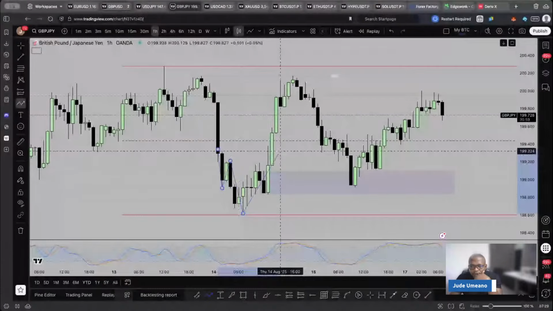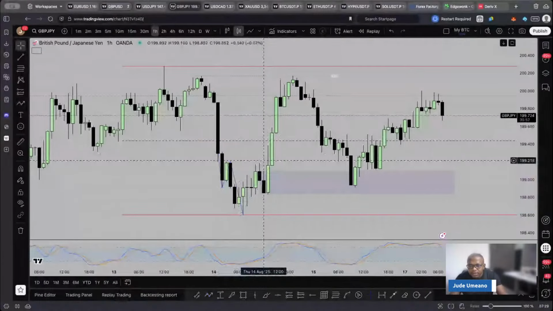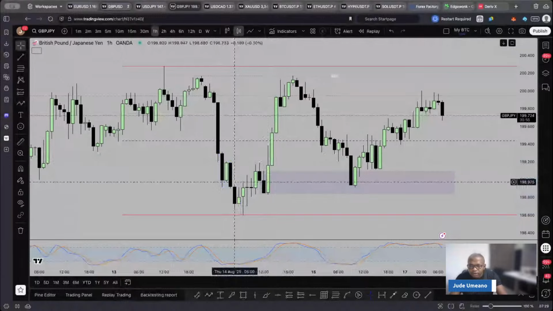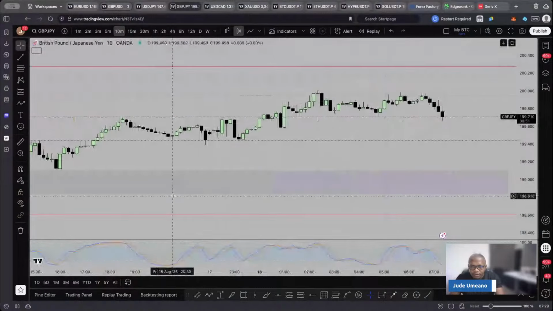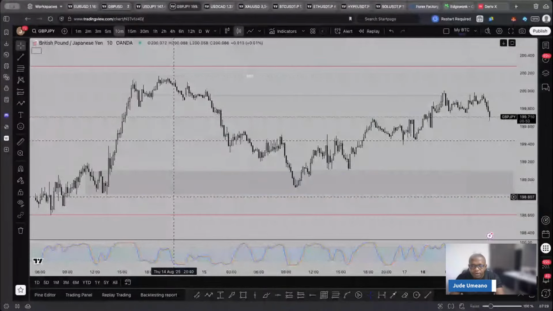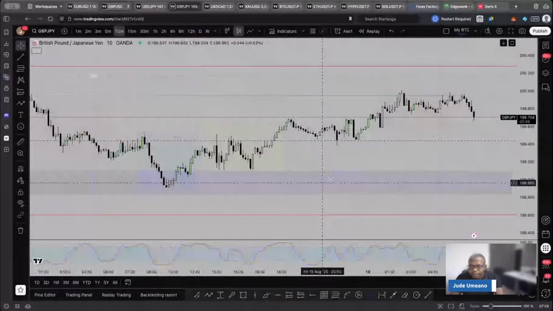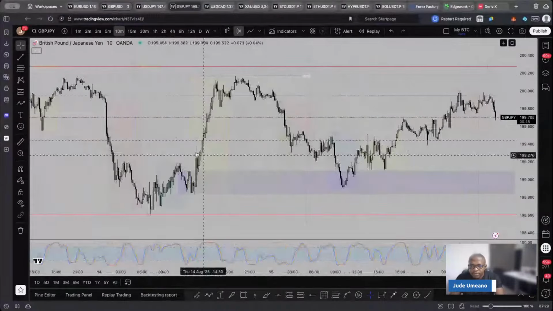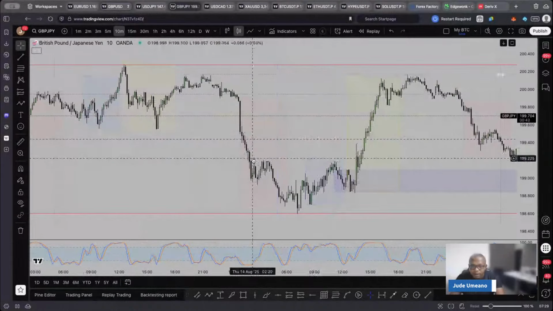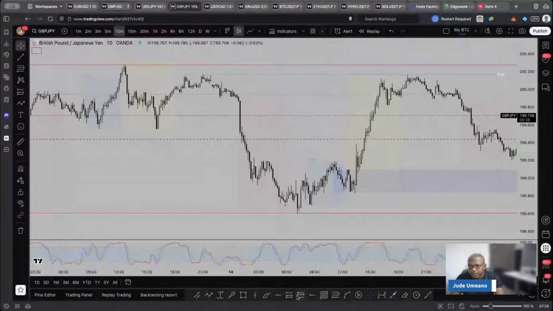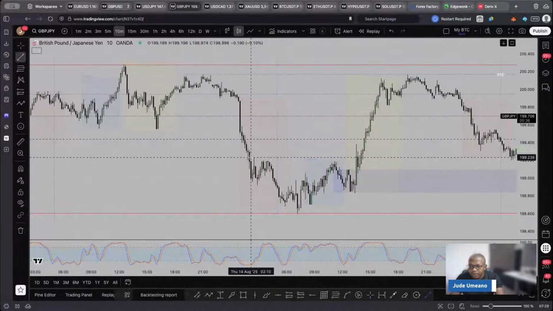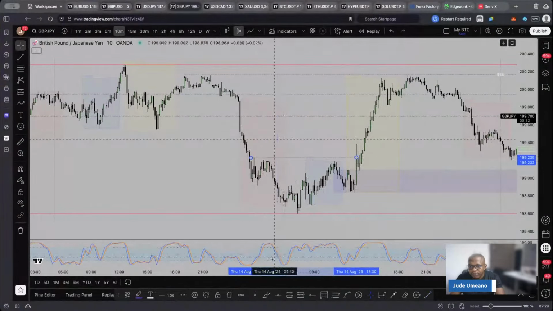Then maybe this is a break of structure, even though it's tiny. But just hold on, let's do a quick rundown to the 10 minutes time frame and see. So yes, we can consider it. We do have a break of structure at this point here.